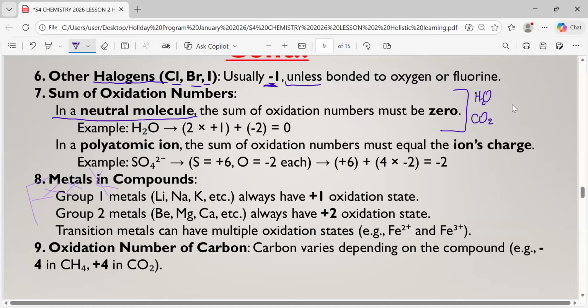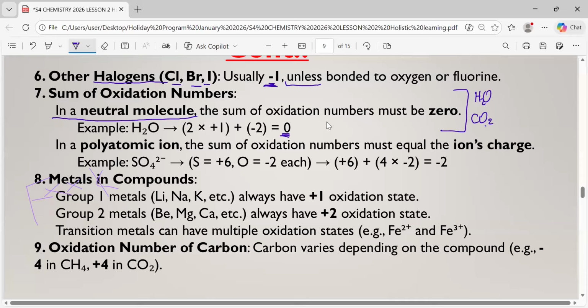Any compound without a charge, that one we call a neutral molecule because it has no charge. So they're telling us that if we sum up the oxidation states of those elements in that molecule, the total should give us 0. And that one we're going to apply very much when you're calculating the oxidation numbers of different elements. Continue.